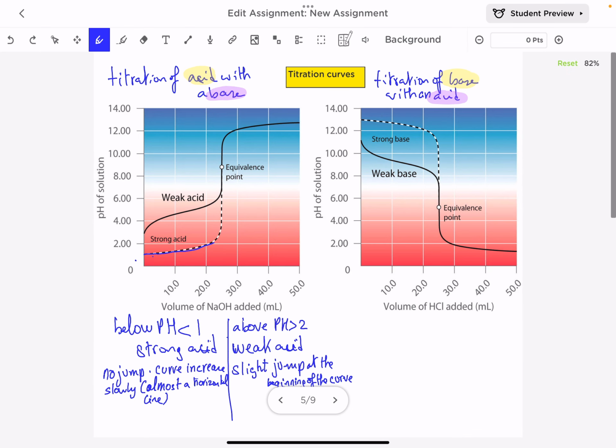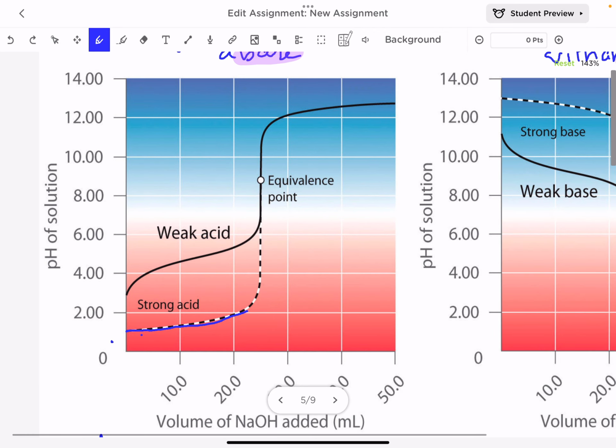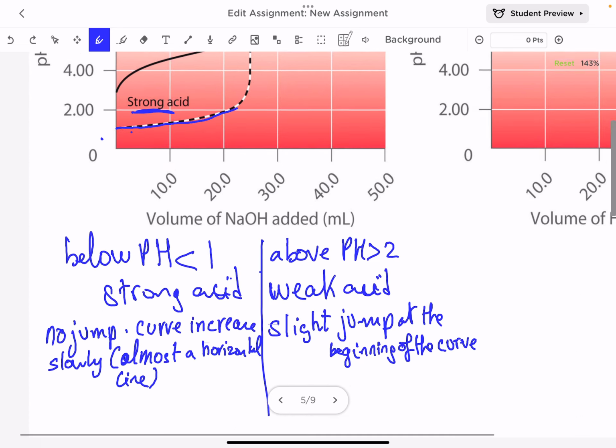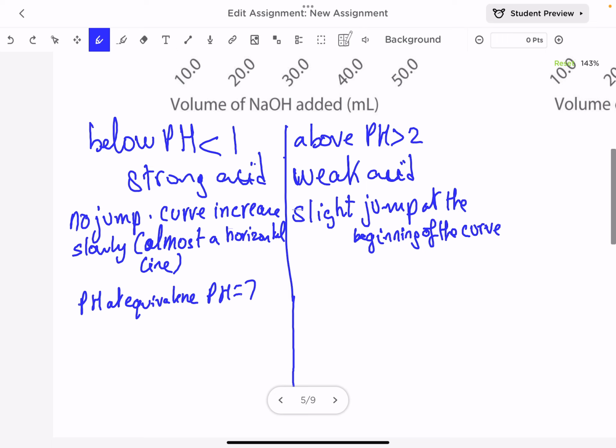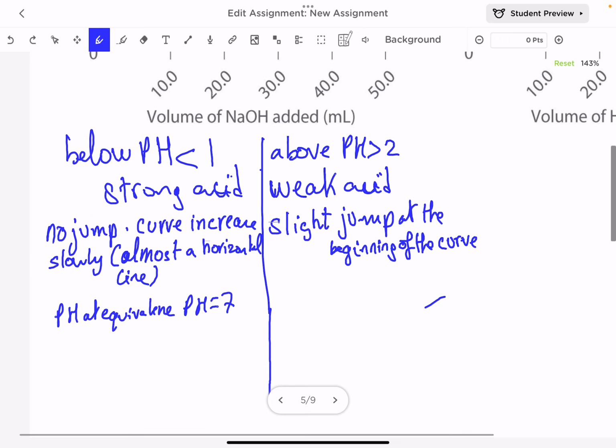Now, we need to look at the equivalence point. When I have a strong with a strong, the equivalence point is always at 7. There are no other options. So, a strong acid with a strong base, the pH at equivalence is always equal to 7, not a different value.